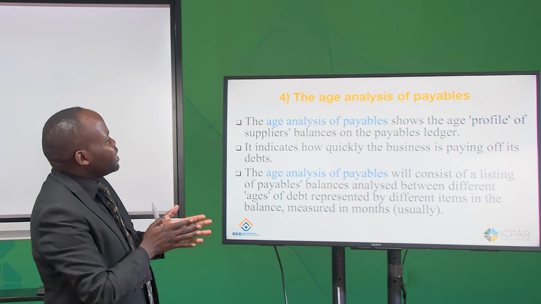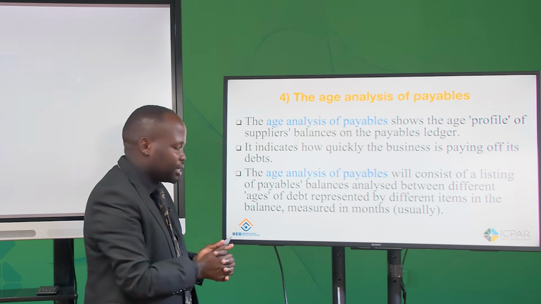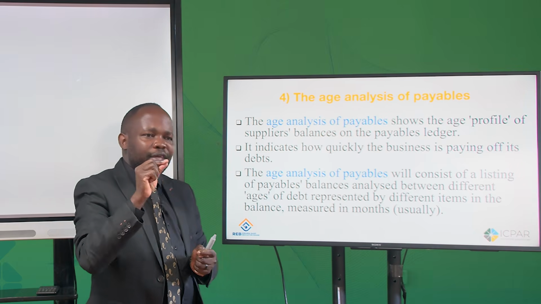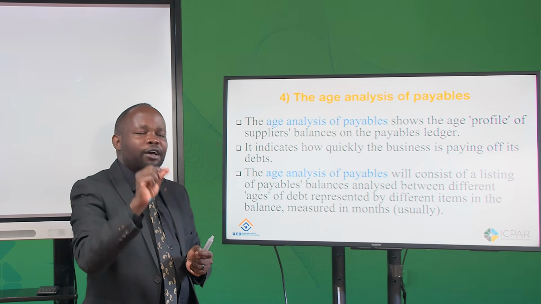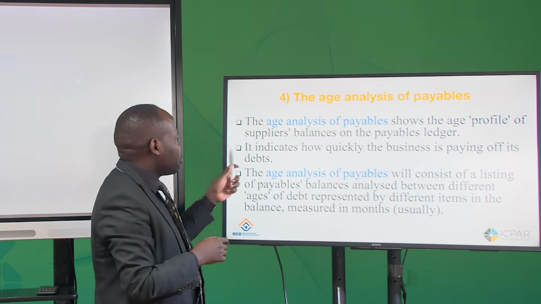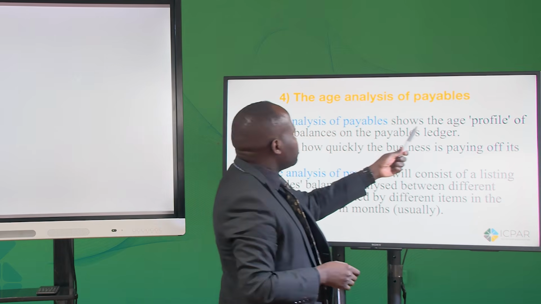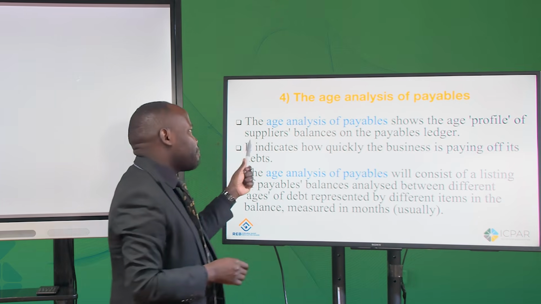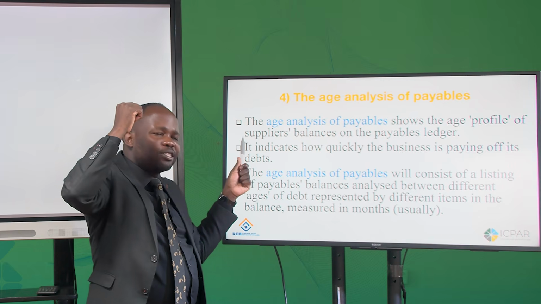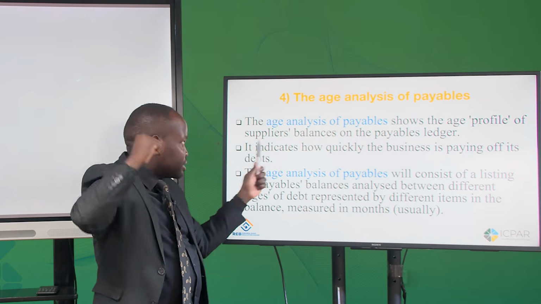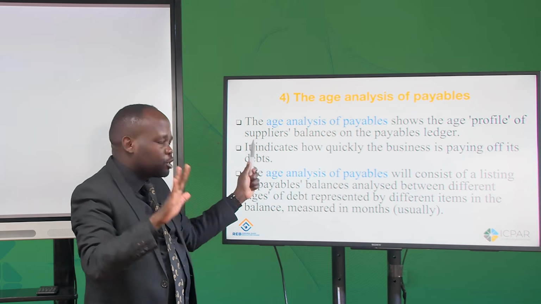Finally, the age analysis of payables. It's the same as the age analysis of receivables. The age analysis of payables shows the age profile of suppliers. Remember, the other one was the age profile of customers. Now it's the age; the other details remain the same.